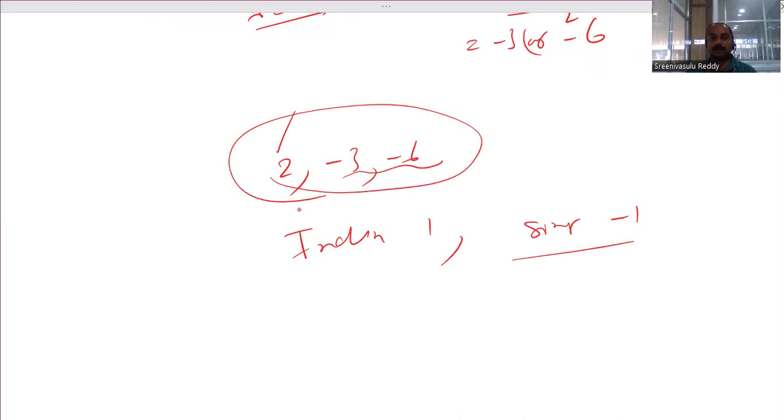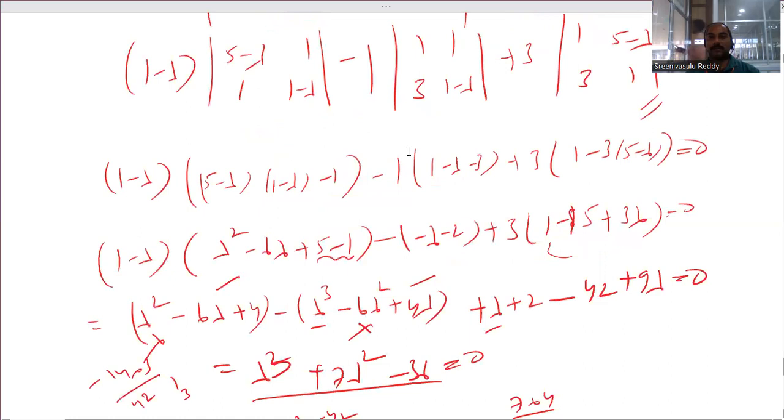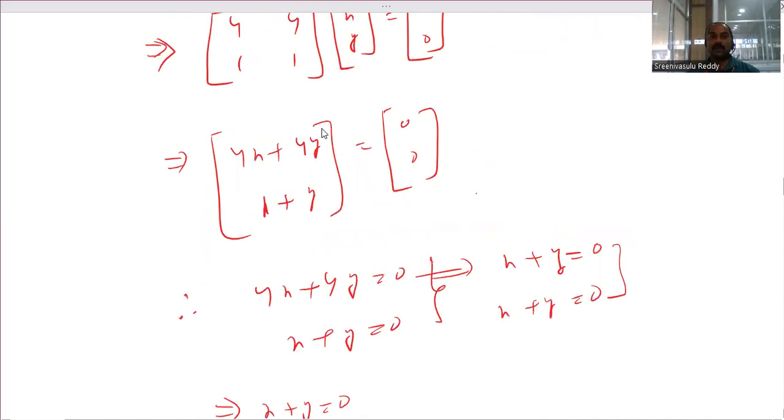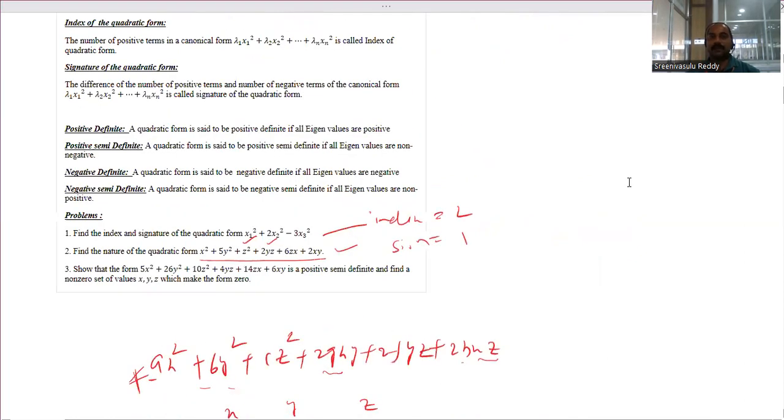But it is not any one of the types: it is neither positive definite, nor negative definite, nor positive semi-definite, nor negative semi-definite. So this is not any one of the above 4 types. Okay, this is the last concept of this unit. So I'm stopping here. You do the practice of all the problems.